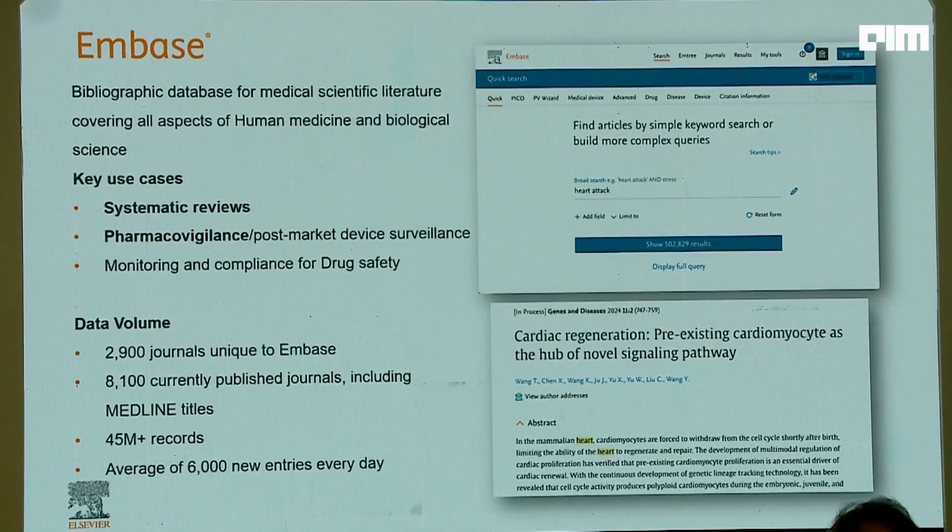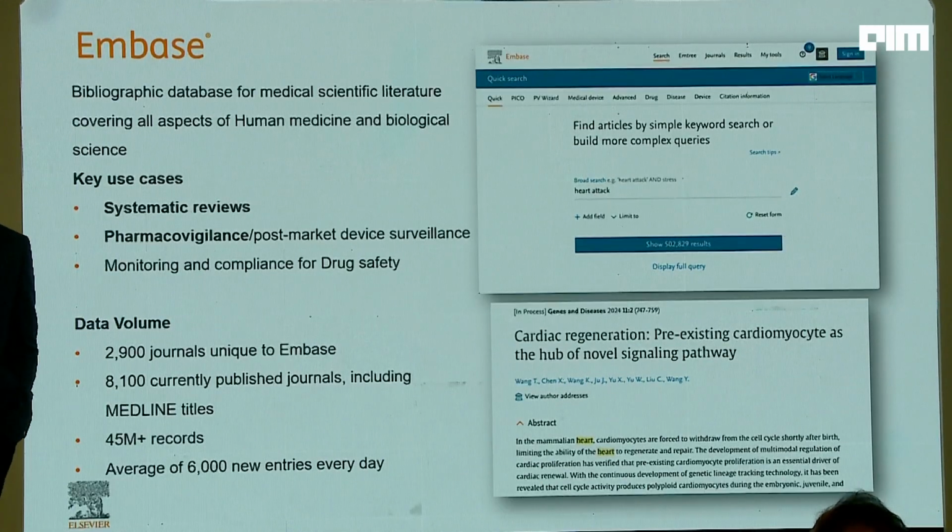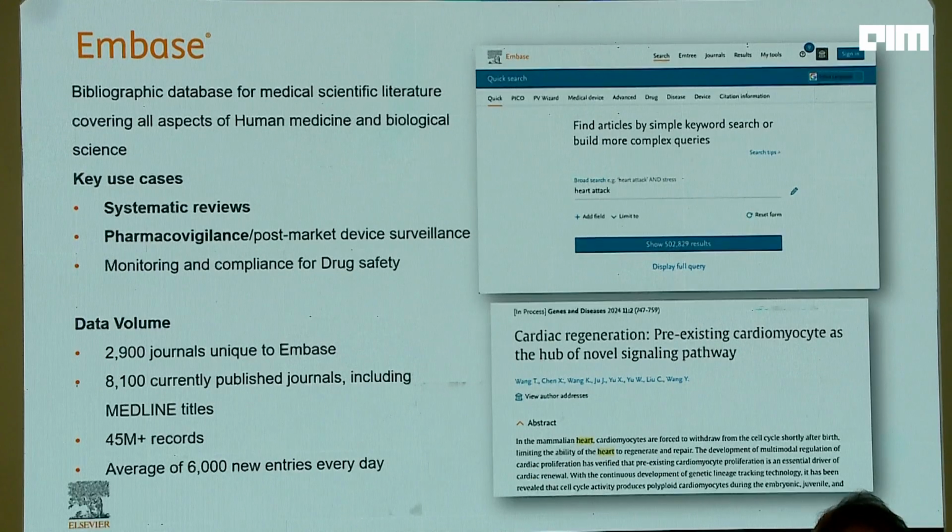It is quite important for us because it sees an average of 6,000 entries every day, which constitutes around 45 million records coming from 2,900 Embase journals and other journals that we cover. The main focus of this application is systematic reviews and pharmacovigilance. It also serves drug safety and compliance.